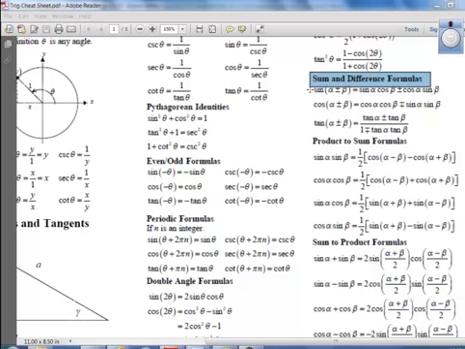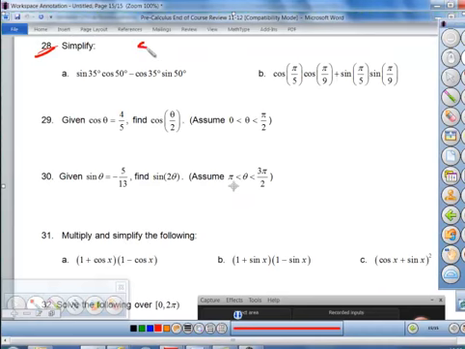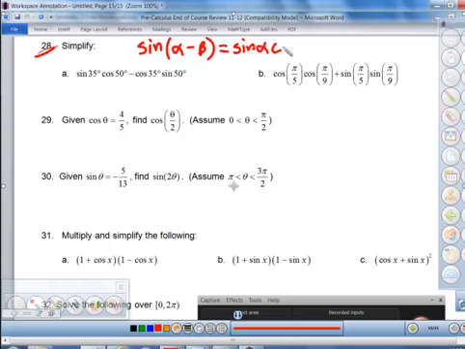So do you guys see how we're going to be looking at this little formula right here. If it was minus right here, then it's got to be minus over here. So I'll go ahead and write that formula over on this side. It was sine of alpha minus beta, which equals sine alpha cosine beta minus cosine alpha sine beta.